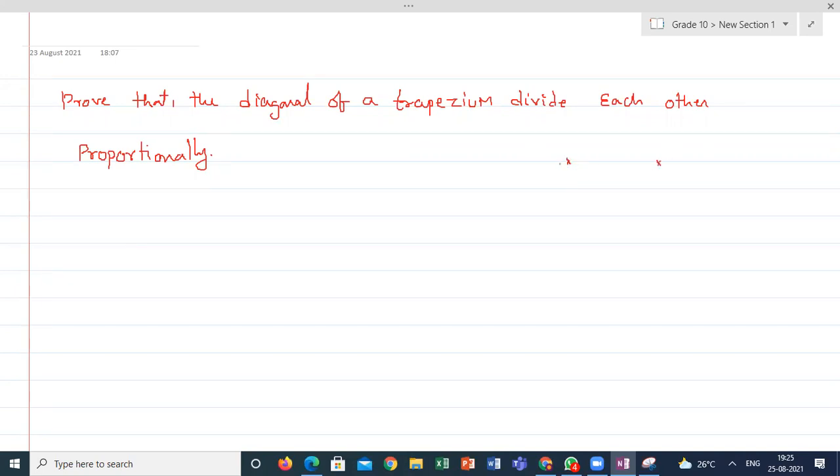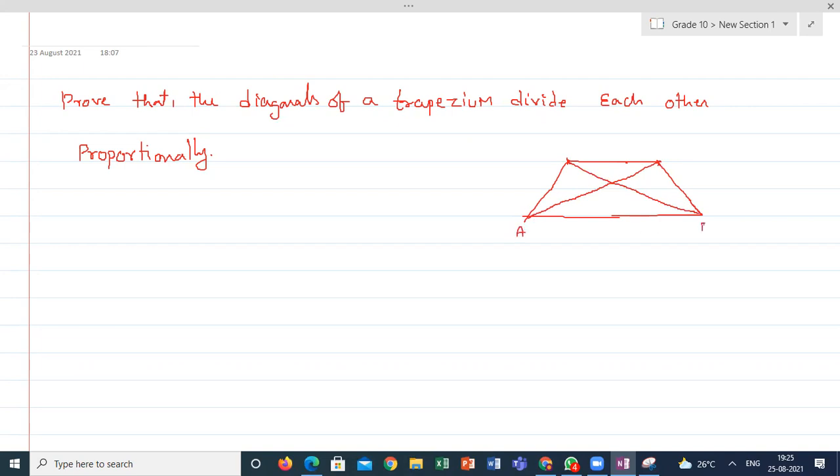Not triangles, guys, the diagonals. Prove that the diagonals of a trapezium divide each other proportionally. Remember, 2 or 3 days back we saw this question, and I explained it with the diagram. This is the same question without a diagram.